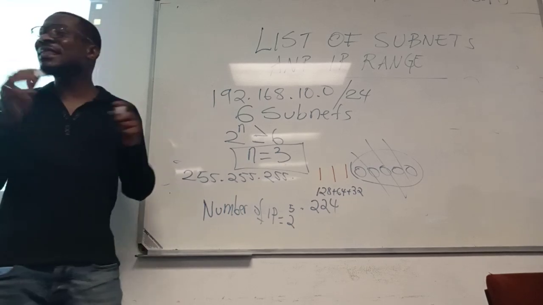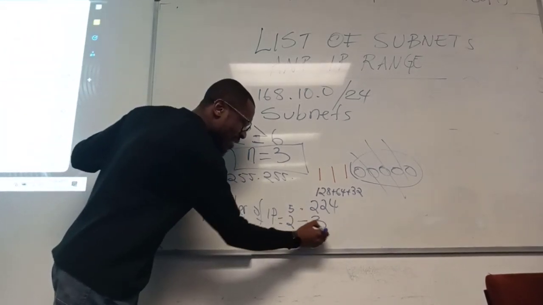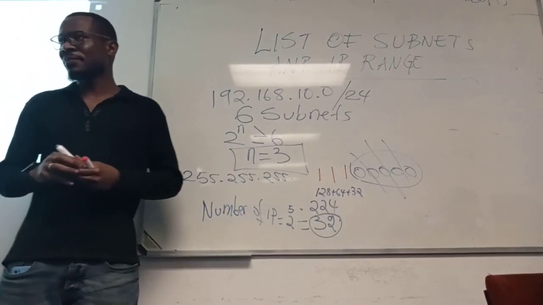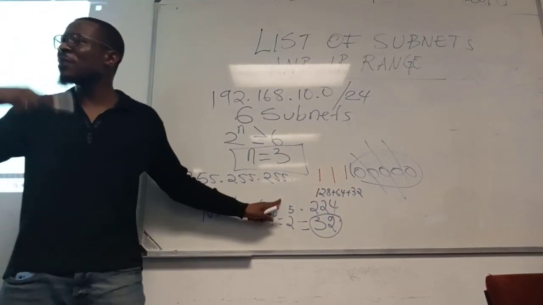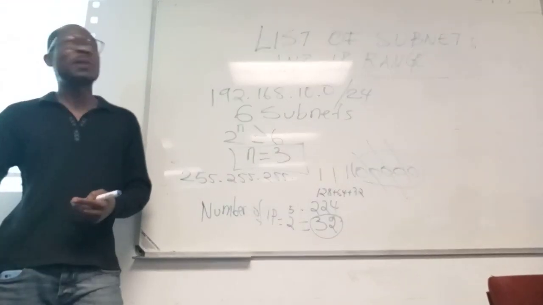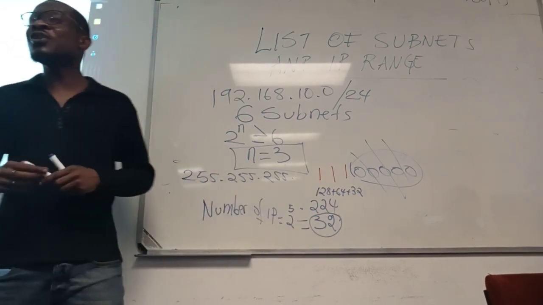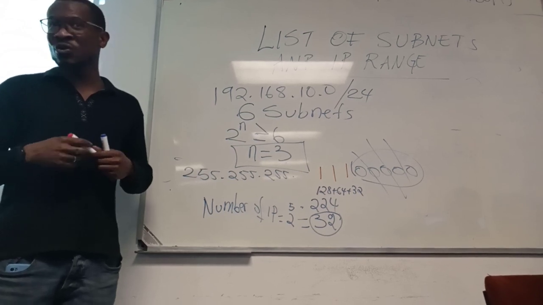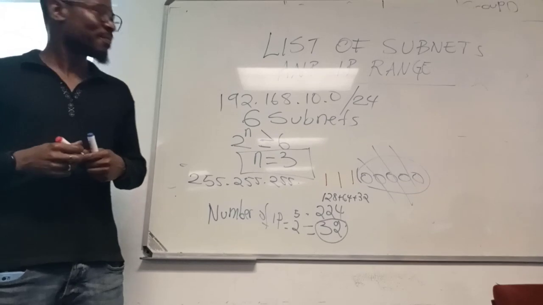So for every department, you are only going to have 32 IPs, not more than 32. 2 times 2 times 2 times 2 times 2 is 32. Remember again, beside those 32, you can only use 30. There are 2 that you cannot use, but we're going to talk about it later on.